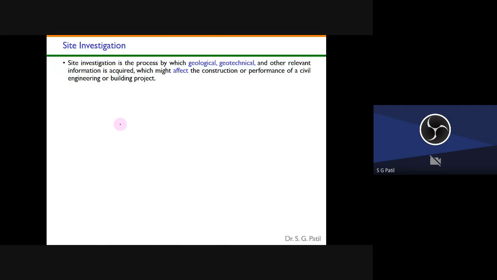Now we'll look at some definitions. What is the formal definition of soil investigation? Site investigation and soil investigation are both the same.